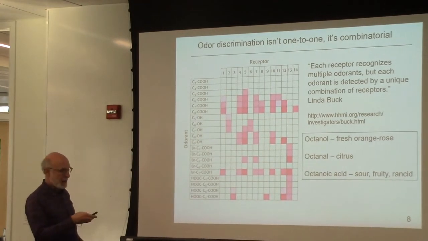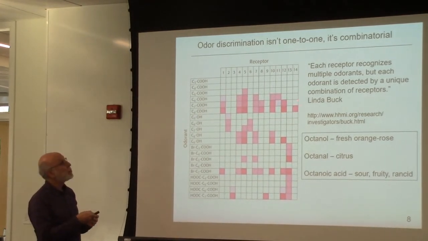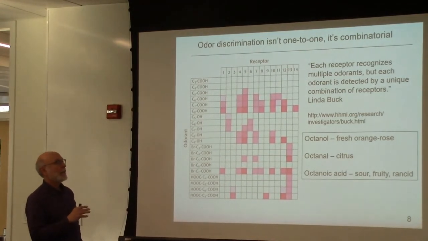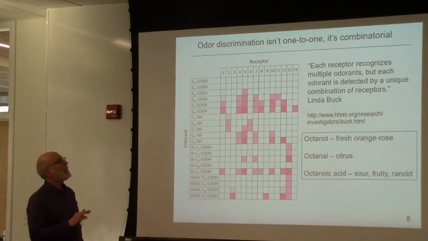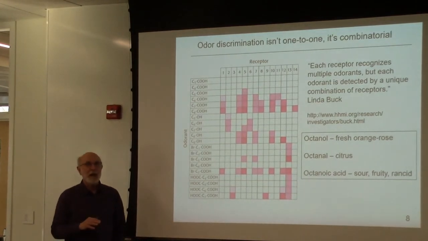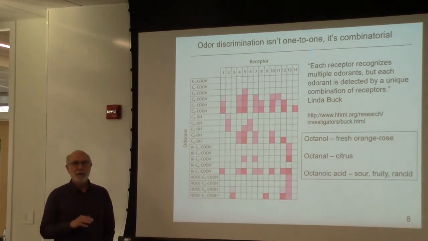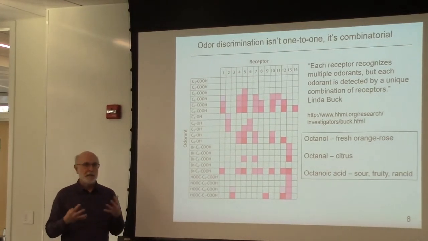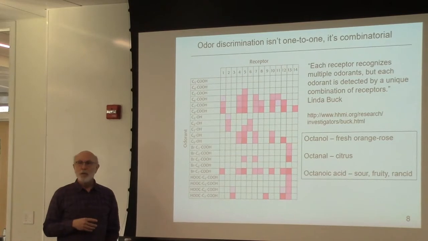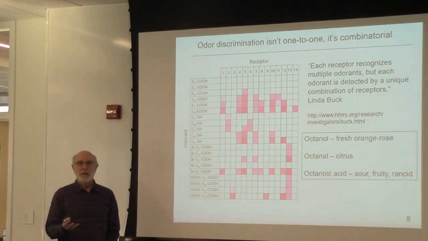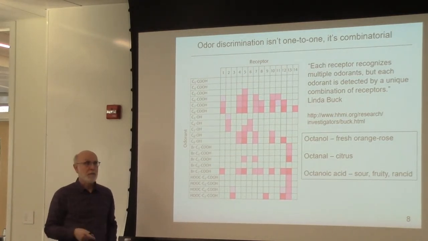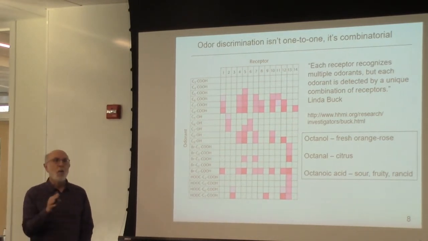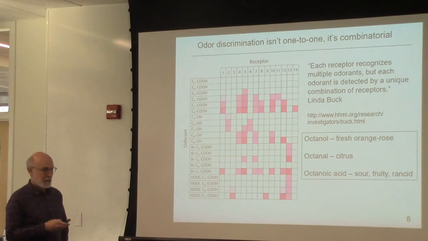And the reason we can do that is that, in the words of Nobel Prize winning Linda Buck, each receptor recognizes multiple odorants, and I think she should have said and, each odorant is detected by a unique combination of receptors. It's the combination of receptors that gives us the ability to detect thousands of odorants with hundreds of receptor molecules. So that's a little tricky. It's not one-to-one. It's combinatorial.